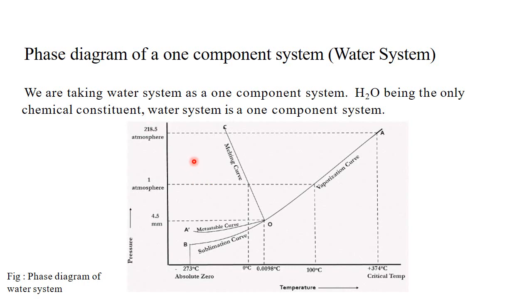So this area where the red cursor is moving is called the gaseous area, gas phase area. So the water in this area will be present in the gaseous phase, and this area which is present between OAC, where the cursor is present, is a liquid phase area. The water in this area will be in the liquid state, and this area is the solid state, solid phase of a one component system.